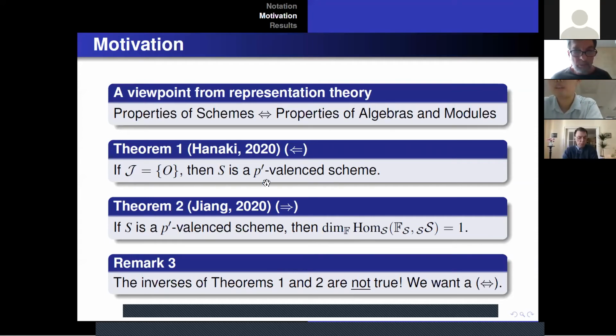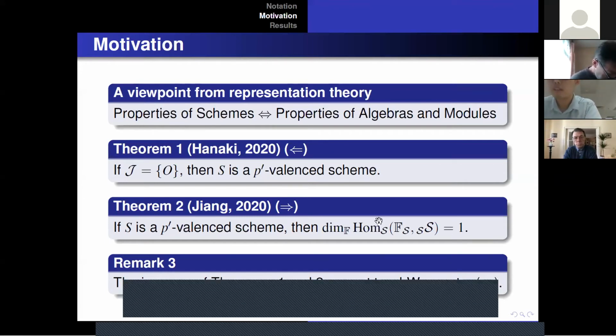If you have a p-prime valenced scheme, there may exist some choice of x such that the modular Terlager algebra you have constructed is not semisimple. So the Jacobson radical here is not an all-zero matrix. And I can give some examples for this. If you are in here, you may not go here.